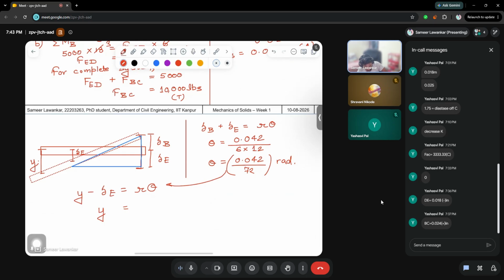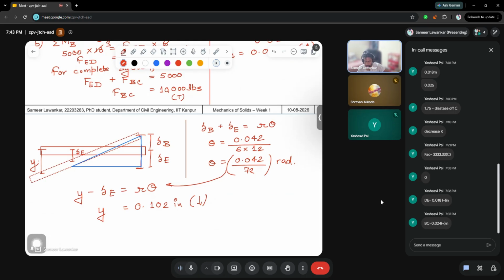Delta E is known to us, r is known to us, theta we have just calculated. It is nothing but 0.102 inches, in downward direction. So that's how you can calculate the vertical deflection. I hope this is clear. Sometimes you can use sign conventions, sometimes you can use logic also. So I try to use a bit of logic and the equation delta is equal to r theta, but remember that this is only used when theta is in radians.